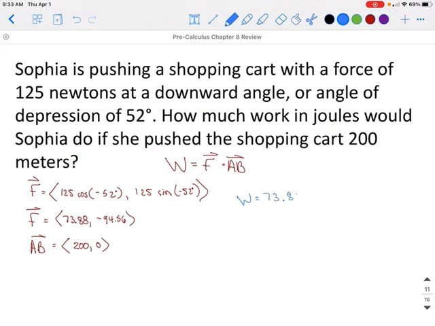Remember, when you do the dot product, it's going to be 73.88 times the first component on the second plus the second component for the force times the second component for AB. And if you do that multiplication, you're going to get 14,776.